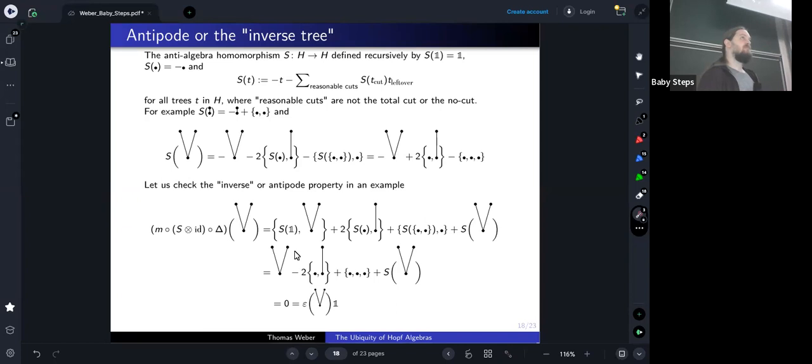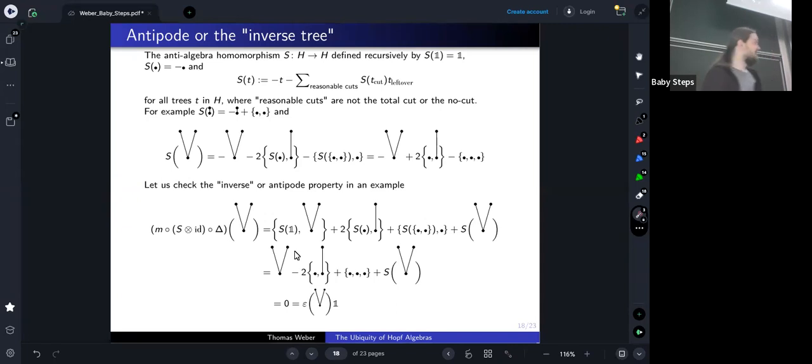Would you agree that we can speak about the length of the longest branch? And each time you make a reasonable cut, you must diminish the length by 1. Sure. Yes. Okay. So probably via the length is a good way to say what are more and more complicated trees.